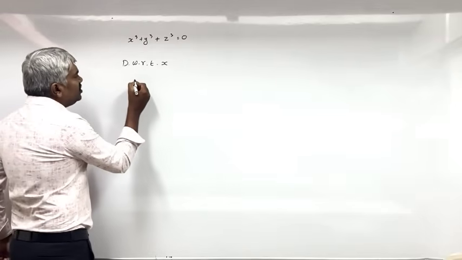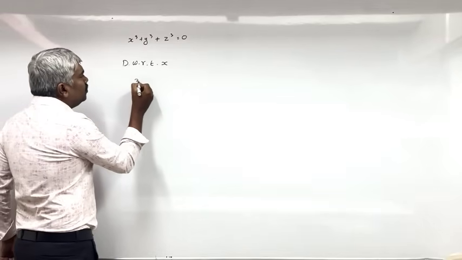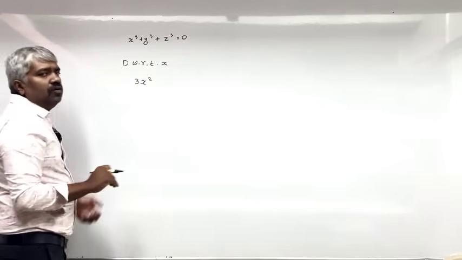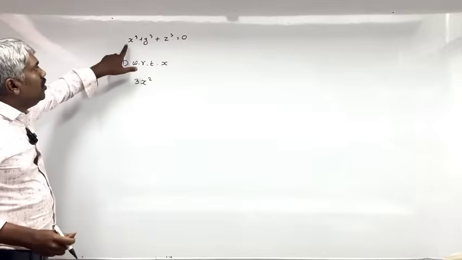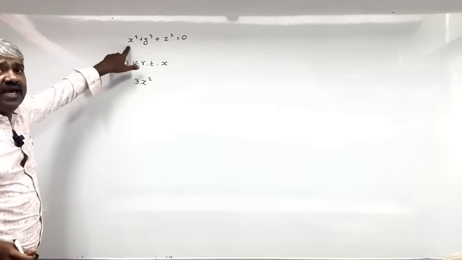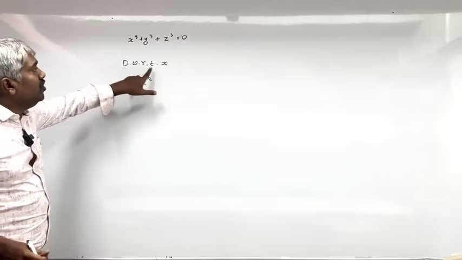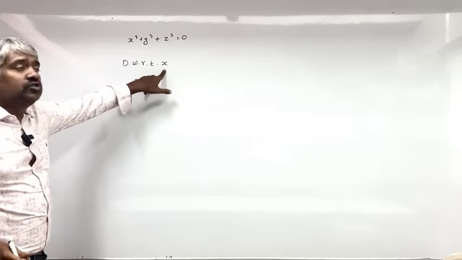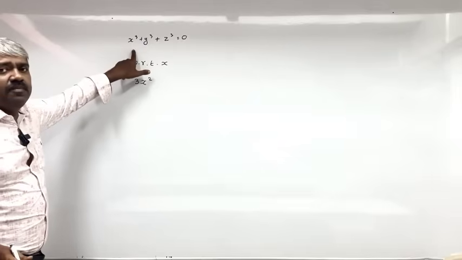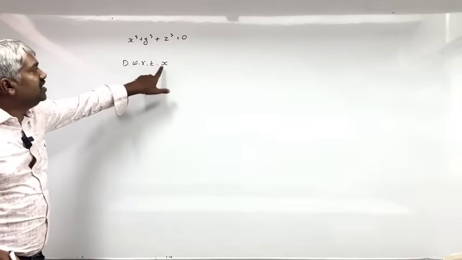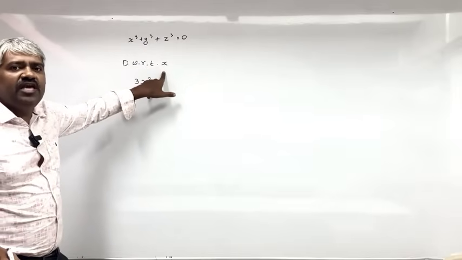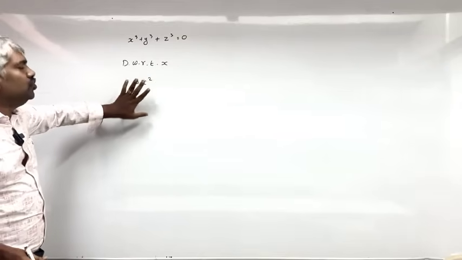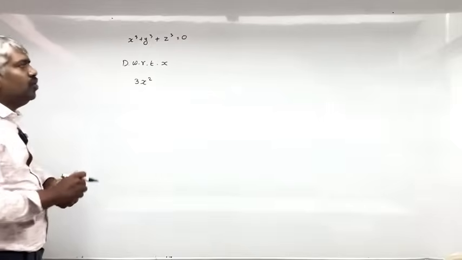What is differential of x cube? 3x square. Now, the variable over here is x, and you need to get permission from x. So, the variable and the person who is giving the permission are same. So, no need to do anything over here.